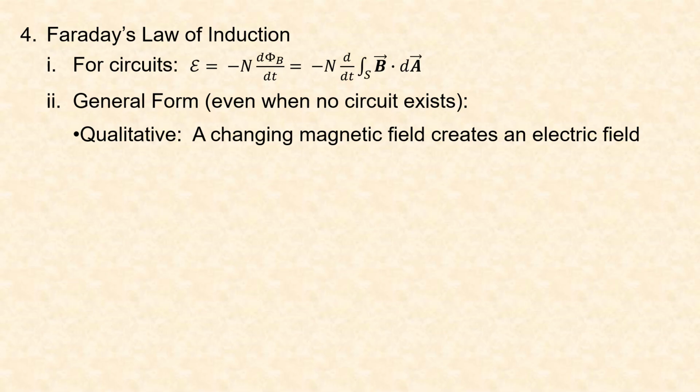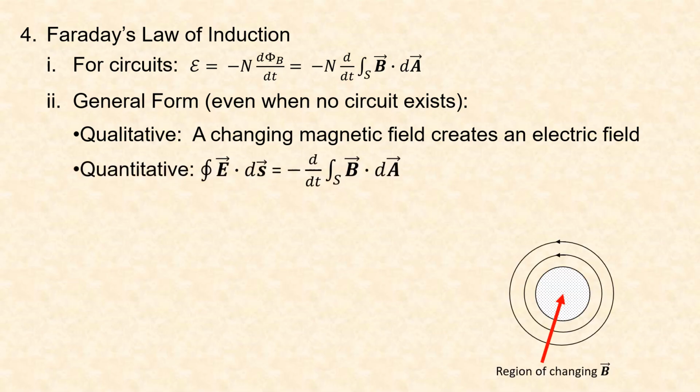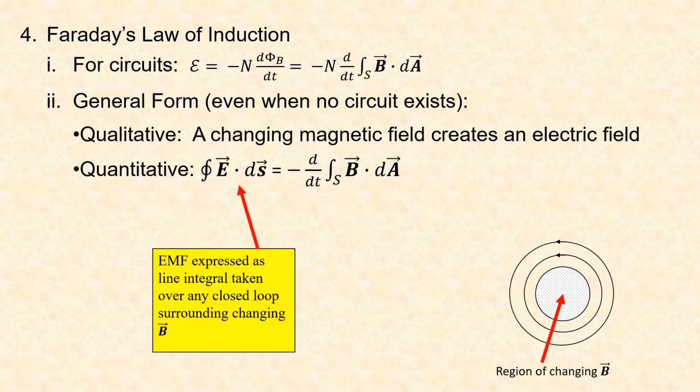So let's see how Faraday's law would look quantitatively. On the left-hand side of Faraday's law, we see an expression for EMF that should look kind of familiar to us. The line integral, that is E dot ds, is how we defined electric potential difference way back in our unit on electrostatics. We didn't call it EMF back then, we simply called it electric potential difference.